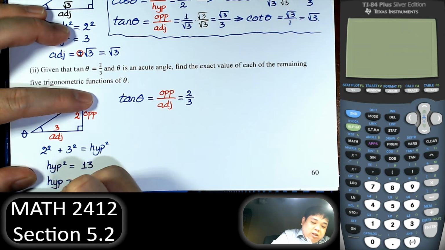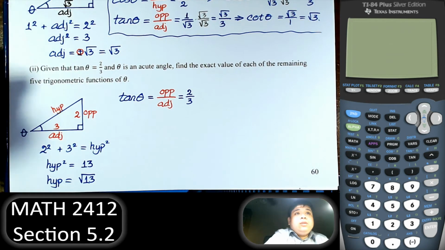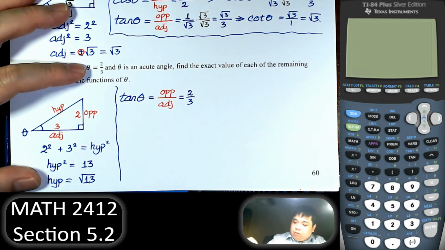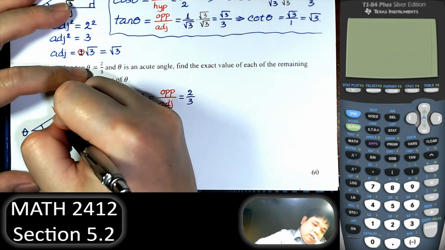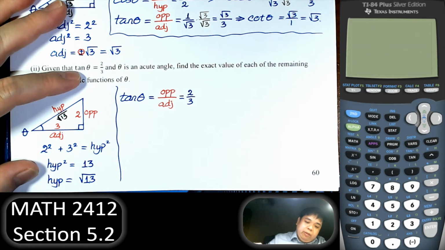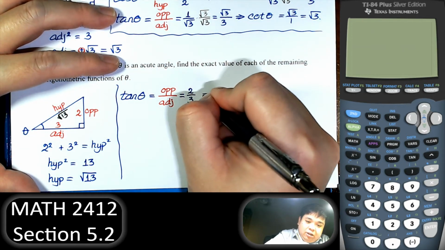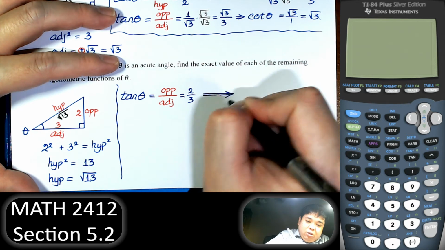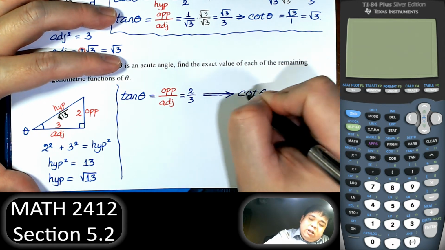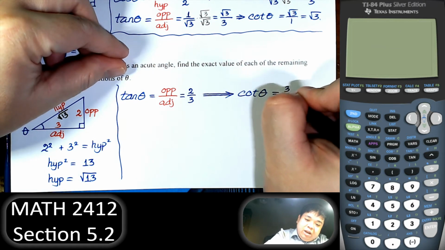So we say hypotenuse is equal to square root of 13. Right. Then we can find the other trigonometric functions. Tangent, reciprocal of tangent is cotangent. Cotangent is reciprocal, so we're just going to flip it, 3/2.